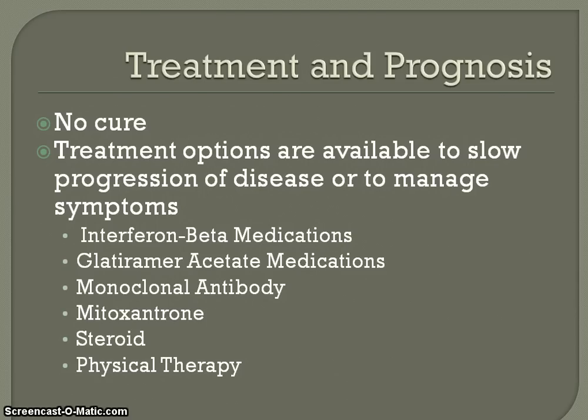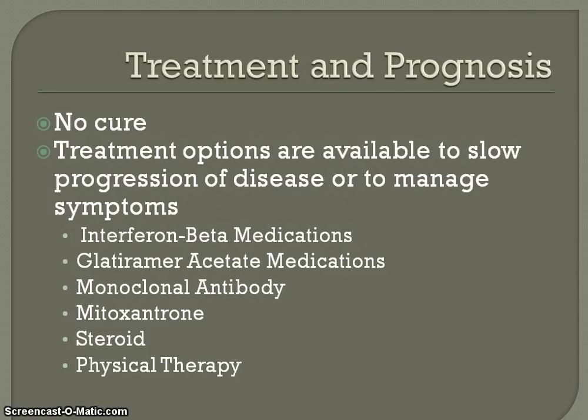And hopefully it decreases the severity of the attacks as well. And there are several medications in each class that differ in dosage and frequency. But basically the whole classification is the same. It wants to reduce the inflammation and make sure that there's a long time in between outbursts.